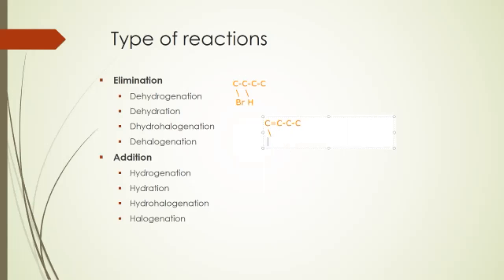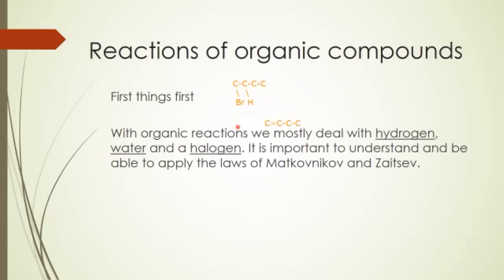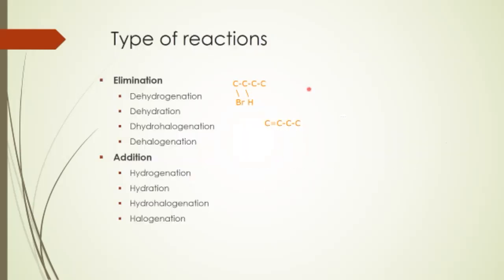Let me do this. This is what you had. I mean, this is what you have now that you removed, and you want to add H again. Now, here your H was there and your Br was there, right? You removed and you had something like this.